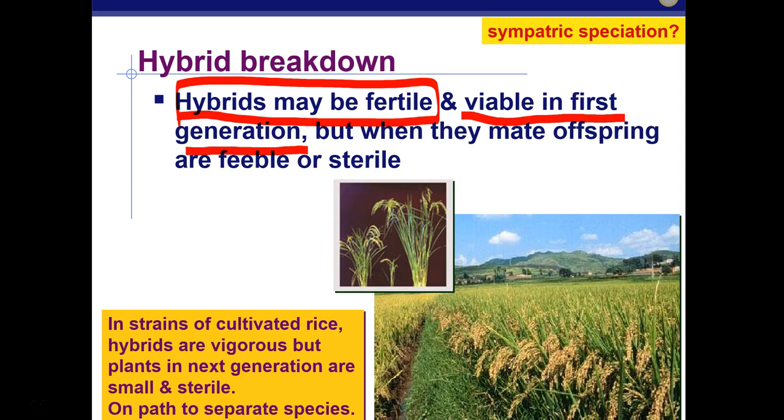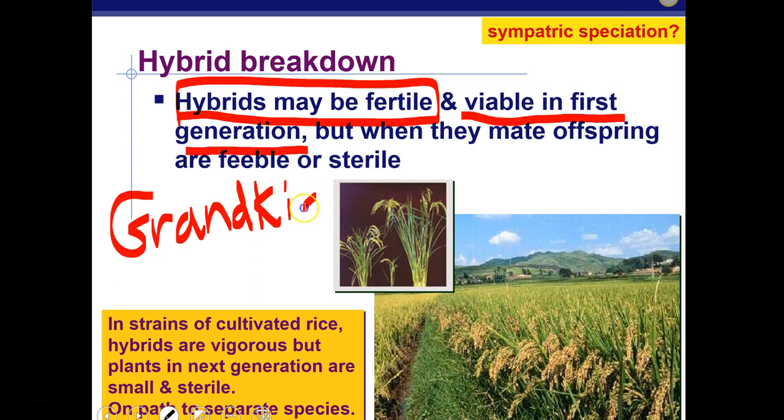But the grandkids are sterile or feeble, or have that stuff that we described for the first one, hybrid viability. So you might get a generation or two, but that's about it.